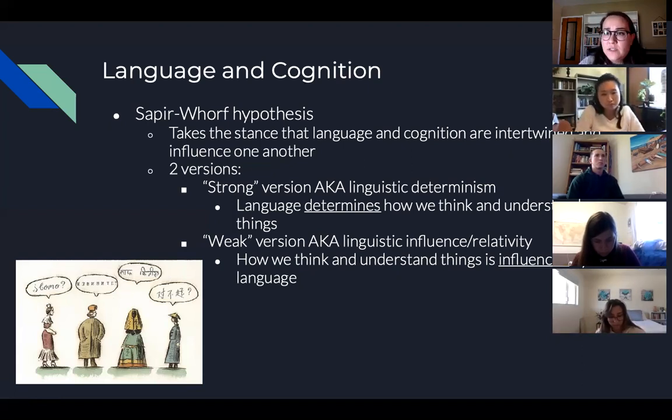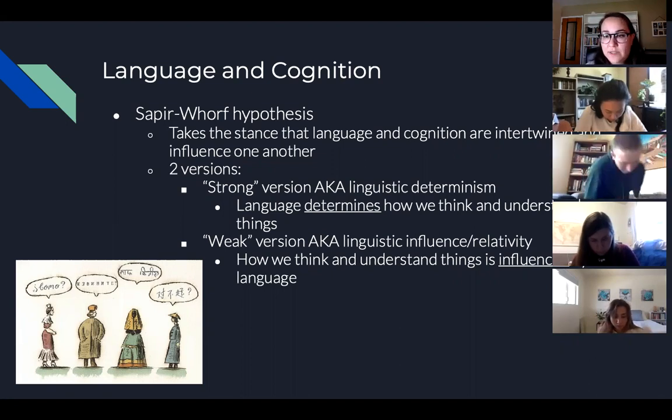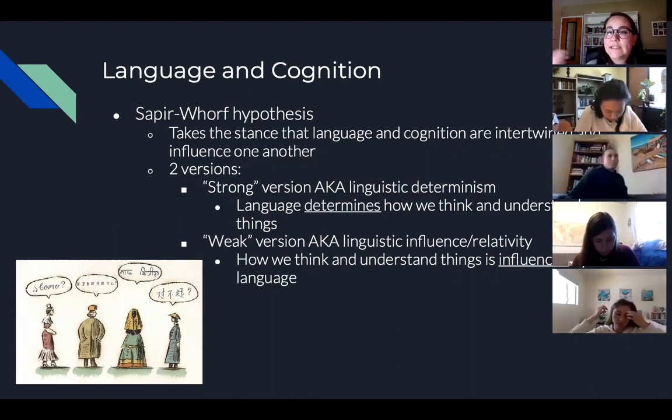So if there is not a certain word or concept or idea or phrase in English, then you're not going to be able to understand that if you're talking to somebody in a different language who might have a particular concept that you're not at all familiar with, that doesn't exist in the English language.